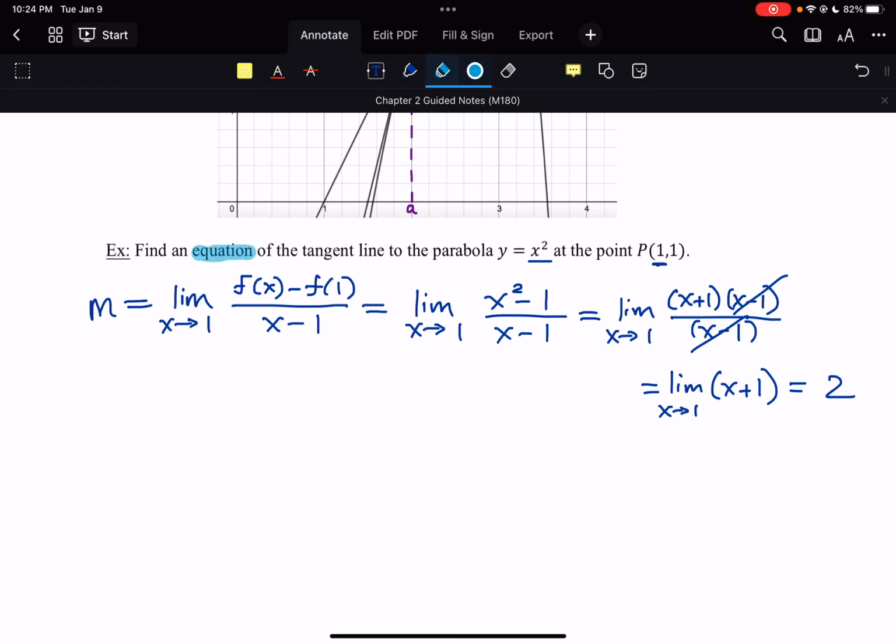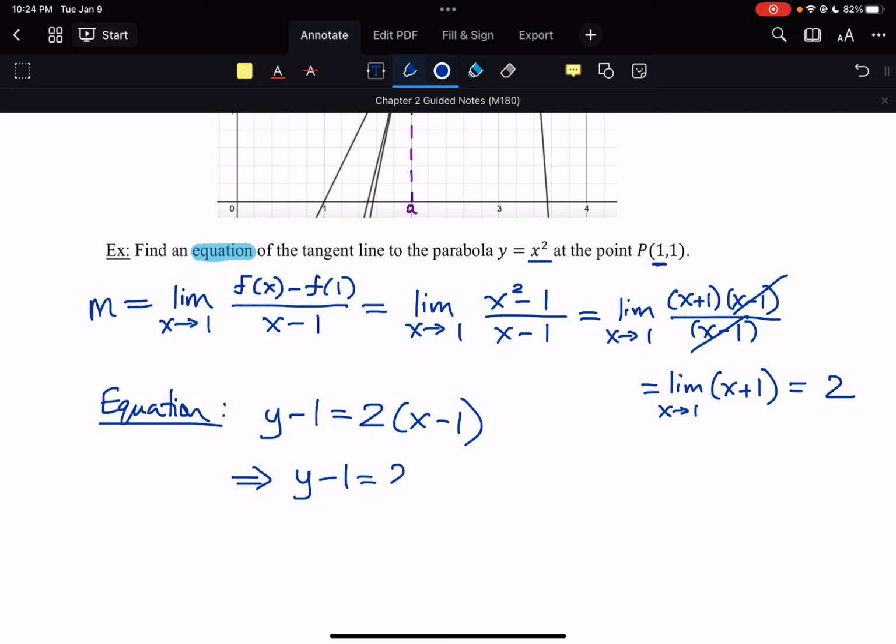This problem is asking for the equation of the tangent line. So the equation we can find using point slope or slope intercept form. So we start off y minus 1 equals 2 times x minus 1. So distribute that 2. We get y minus 1 equals 2x minus 2.